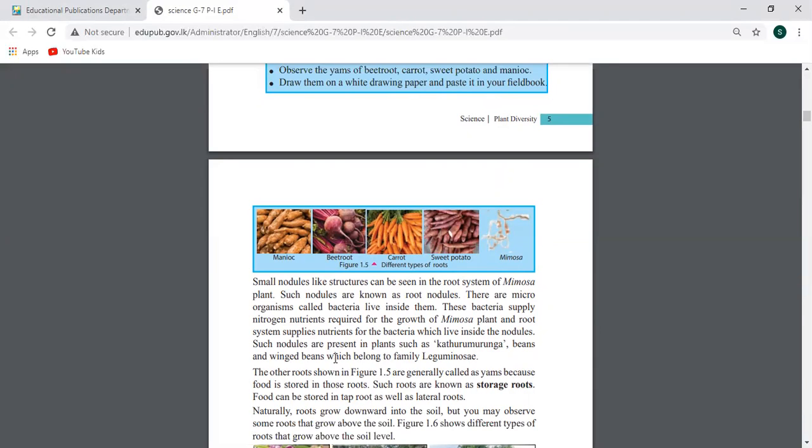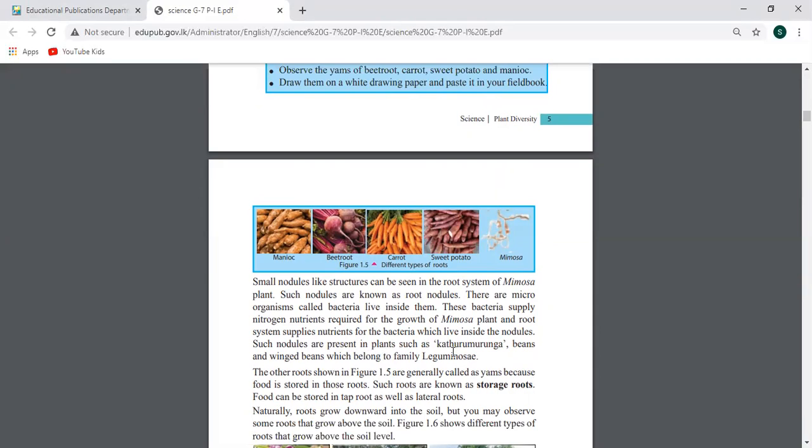There are microorganisms called bacteria, and these bacteria supply the nitrogen nutrients required for the growth of the mimosa plant, and the root system supplies nutrition for the bacteria which live inside the root nodules.